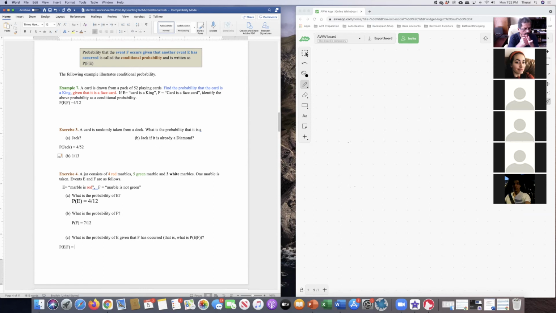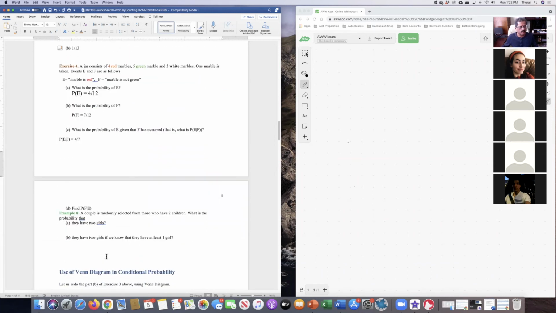Event E is red. 4/7. Right, exactly. It's 4/7. Because it is already not green, we are limited to the 7 marbles that are not green. And out of those, 4 are red. So 4 out of 7. That is the conditional probability. Feel free to ask a question if you're not following any part of it.